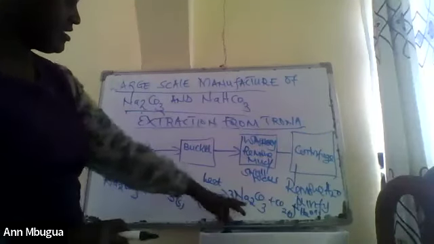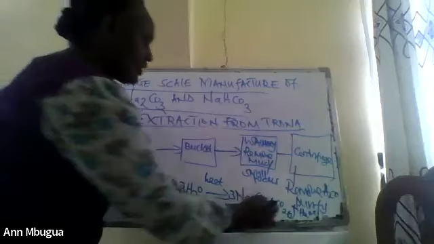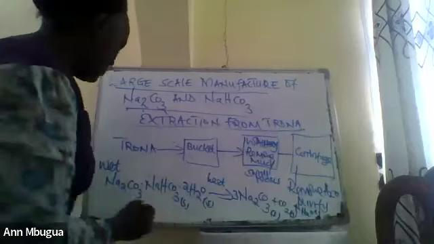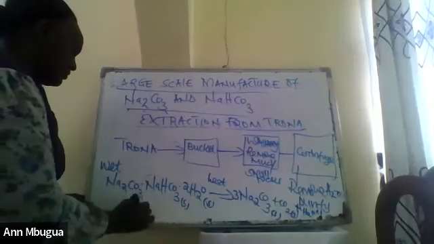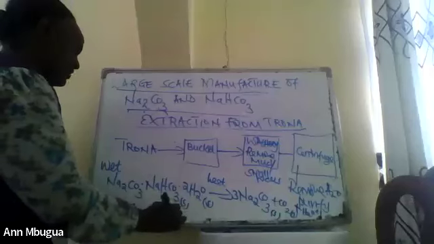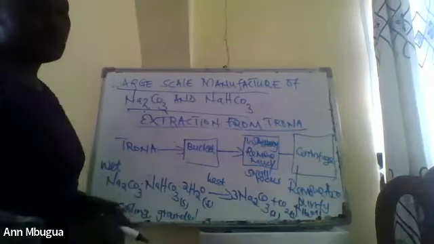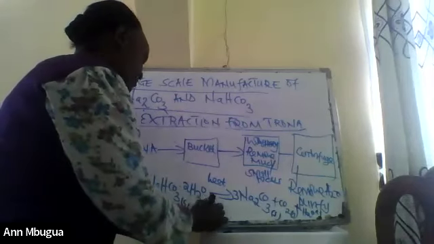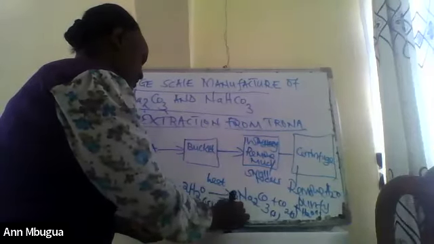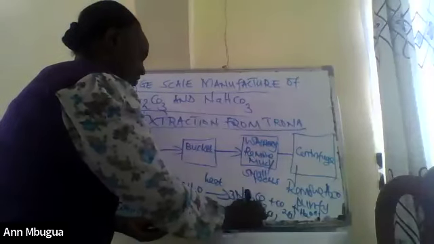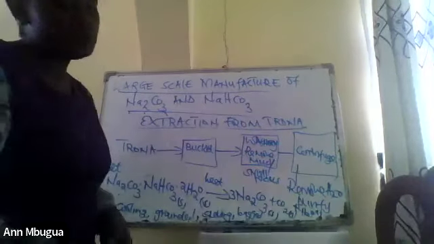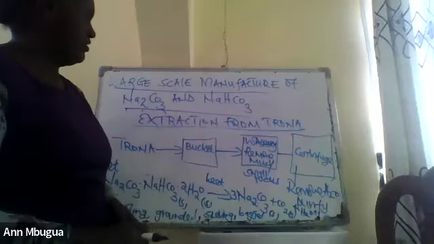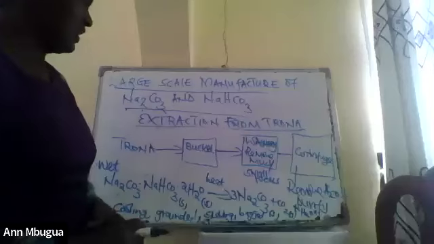Due to strong heating, this sodium carbonate that is obtained is allowed to undergo cooling. It is ground into small pieces. It is sieved, and then it is put in bags ready for transportation to the customers.